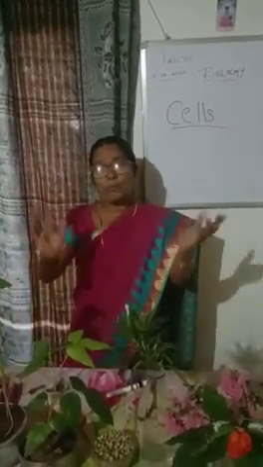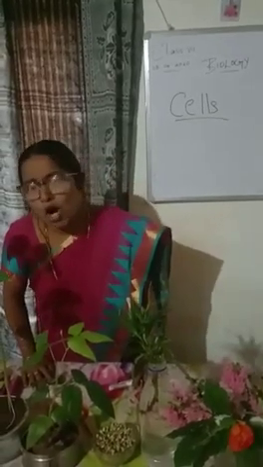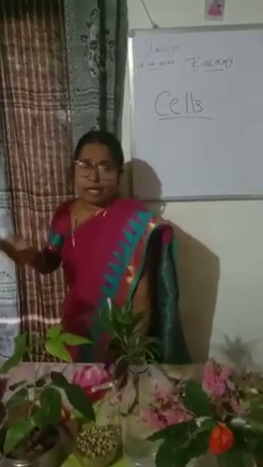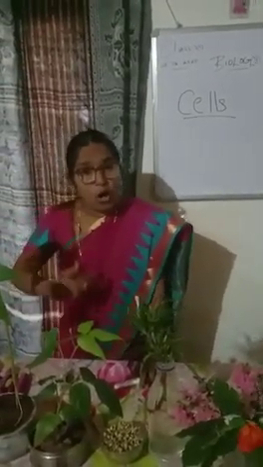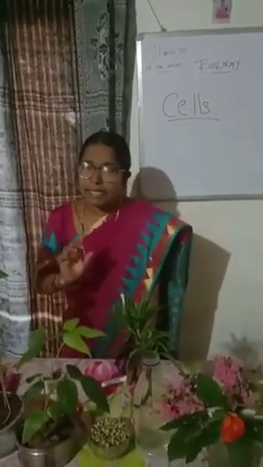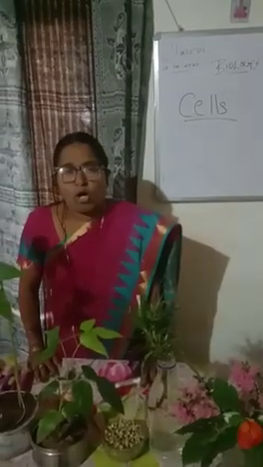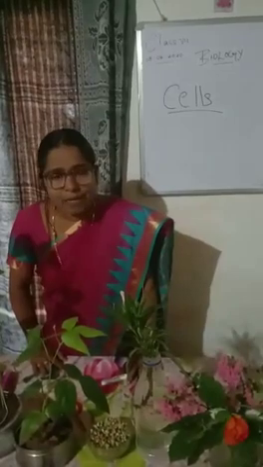You look so beautiful. It is because of the presence of cells in your body. Many vital functions like respiration, circulation, digestion are going on in your body. That is also because of the presence of cells. Our body is made up of millions and millions of cells.